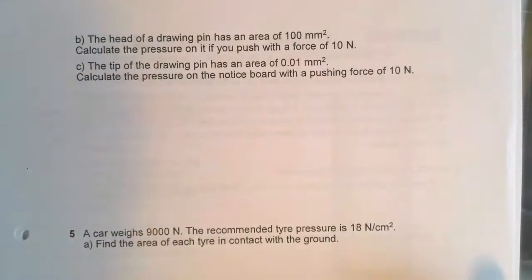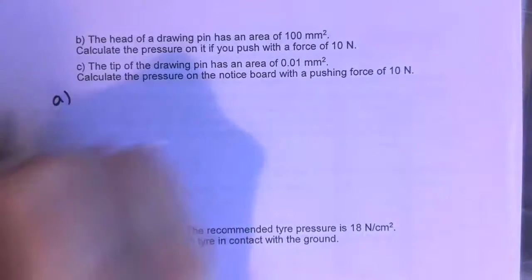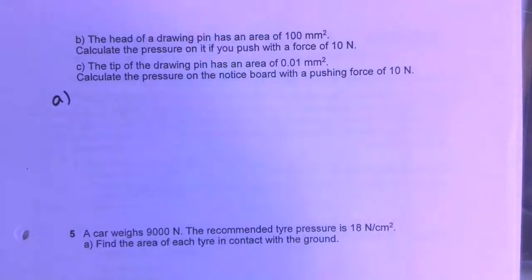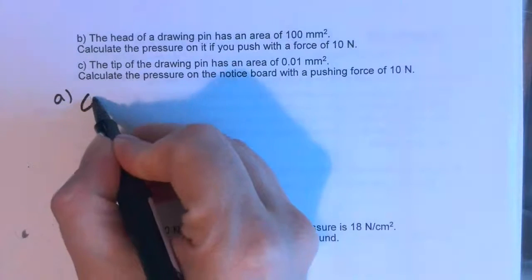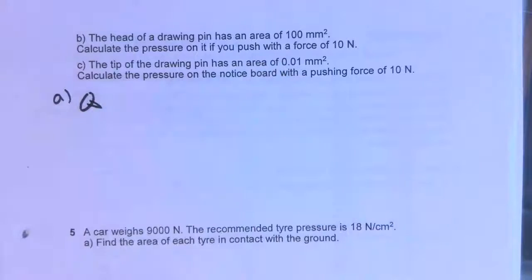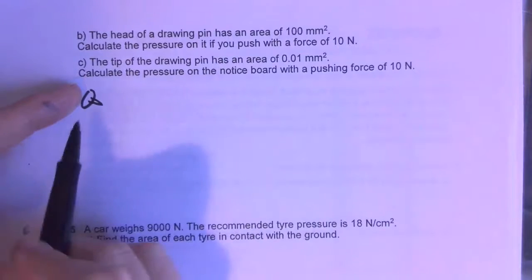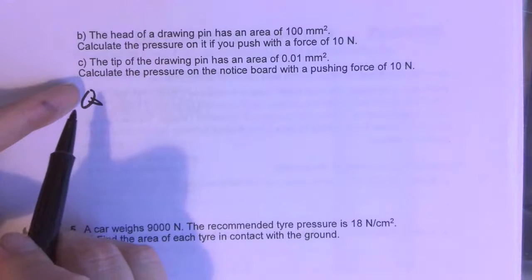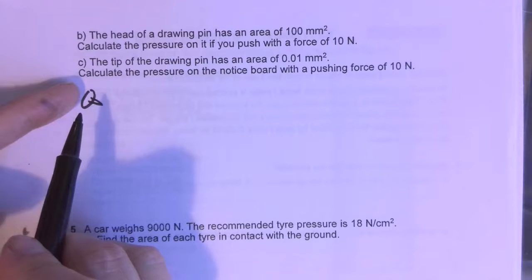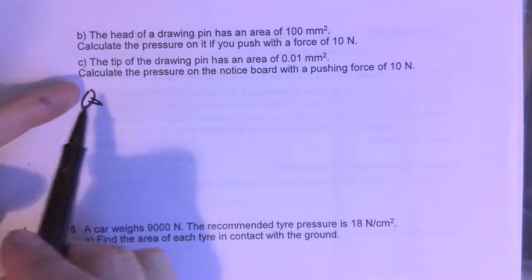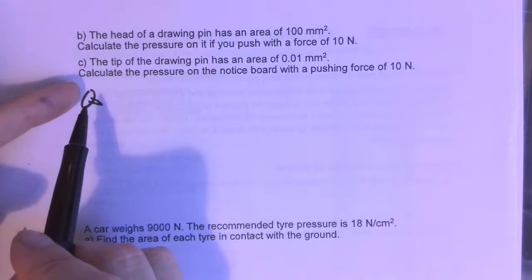4a is, why is the head of a drawing pin large and the tip smaller? So that is so that you can use it safely. So with our drawing pin, the bit that you are putting your finger or your thumb on is the bigger area, and the reason for that is that you get a smaller force acting on your finger so that you can actually use it and the pin doesn't poke into you, so that you reduce the pressure on your finger or your thumb and it doesn't hurt you.